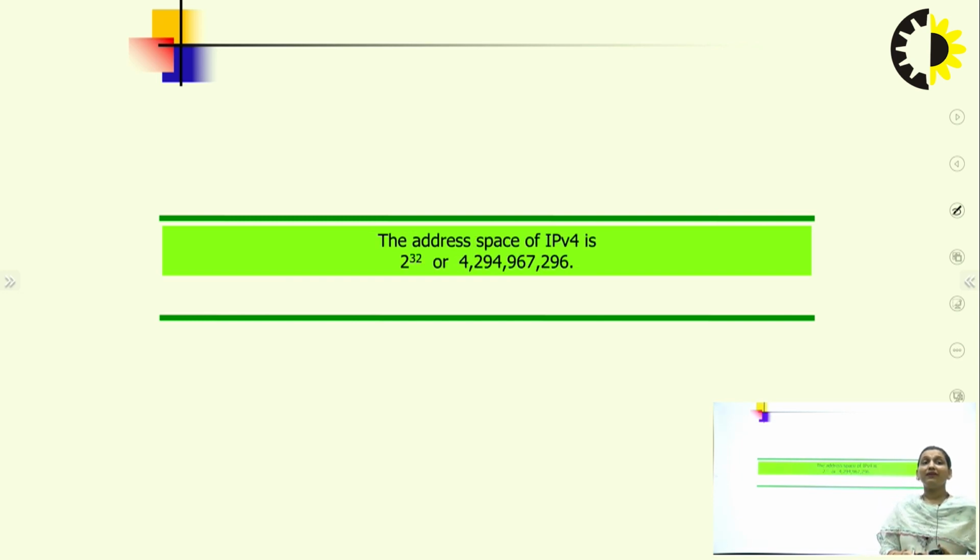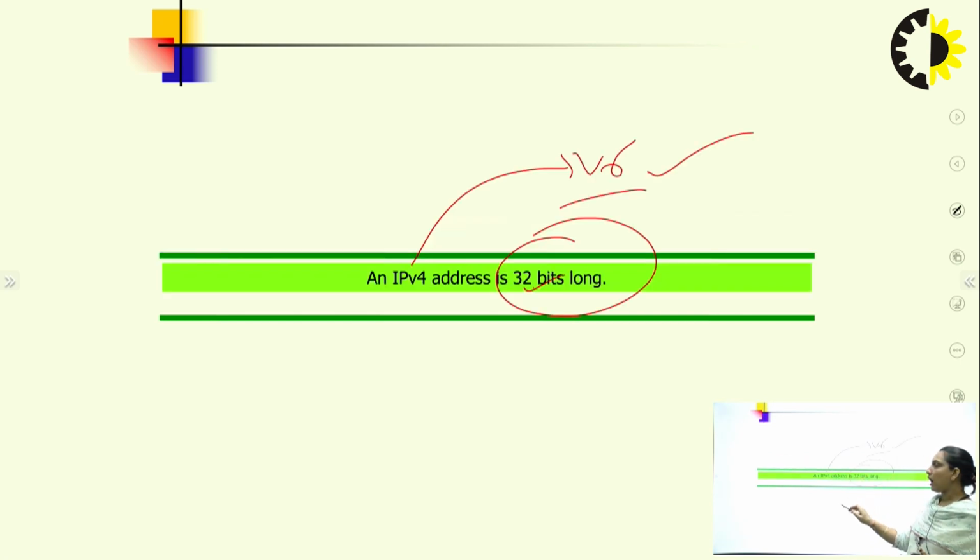So when we ask what is the address space of IP version 4, it is 32 bits long. We are using zeros and ones, a binary system, so the number of combinations is 2 raised to power 32.